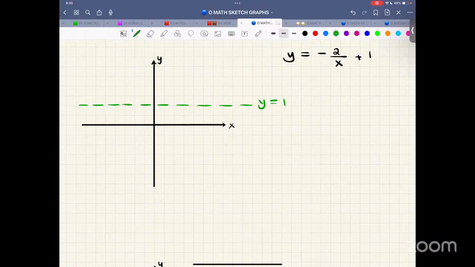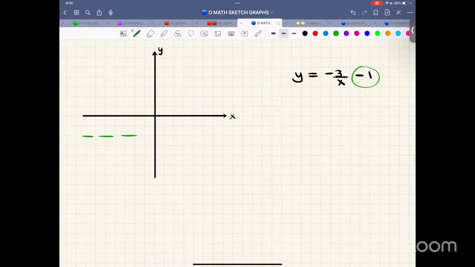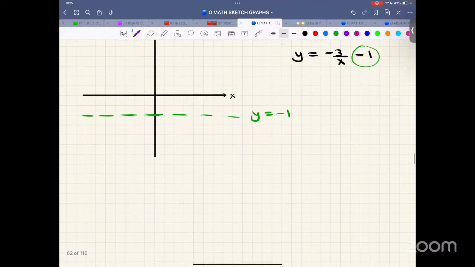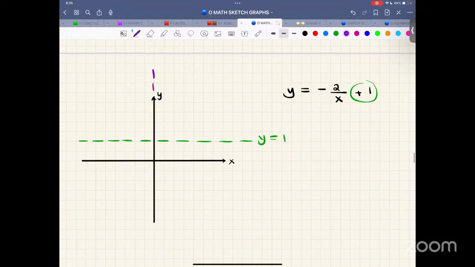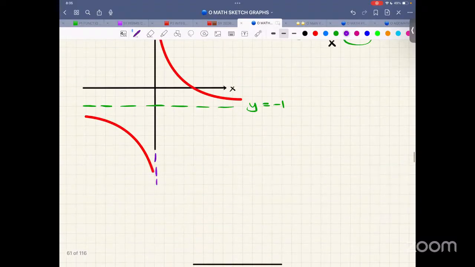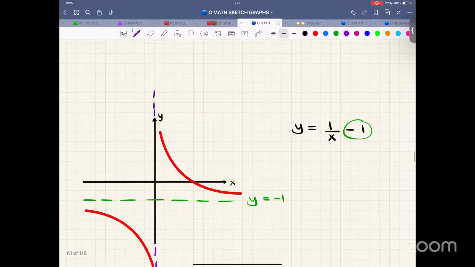This is y equals 1 because of this. Y equals -1, let me draw it like this. The vertical asymptote, the y-axis, is unchanged. This is x equals 0. The vertical asymptote is unchanged. Let me write x equals 0.